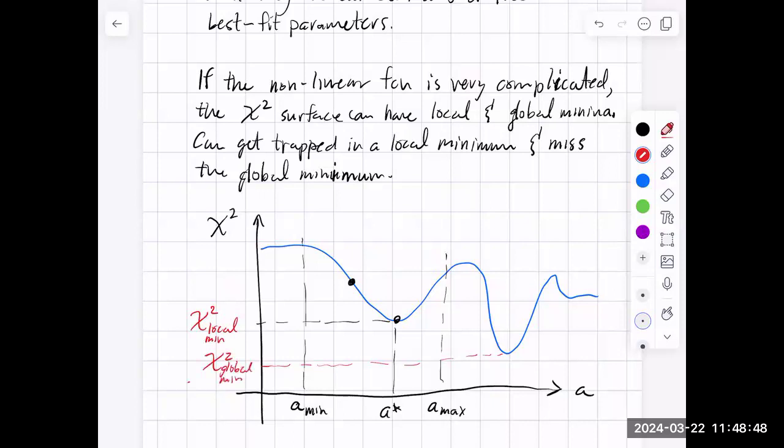If you're not careful, you can miss that global minimum where the best fit parameter sits outside your range. Or, what I won't draw, if you had a really complicated nonlinear function, even inside of your range of values, you could have several minima. One of them is the global, but if your search is too coarse, you might skip over it. So there are some pitfalls to this type of method.